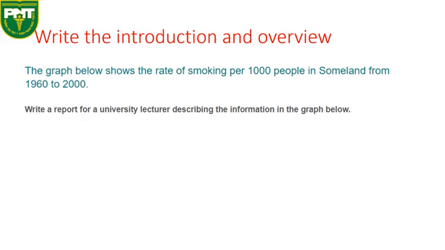As I have told you in the previous lesson, for every kind of graph, the introduction and the overview don't have any changes. For the introduction, we just need to paraphrase the question, and the overview, identify the key features.